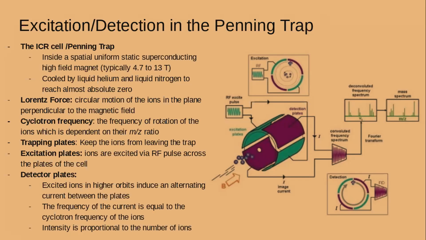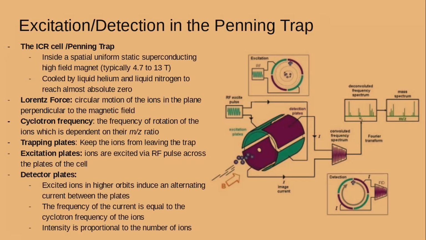And so we have a few different plates that are used. There are trapping plates, which aren't shown on this diagram, but they would be at the front and back ends of the Penning trap, just to make sure those ions don't leave. You also have the excitation plates. An RF pulse is sent through these plates.